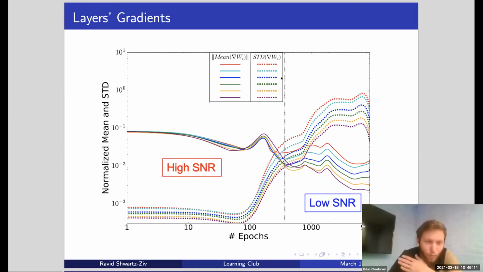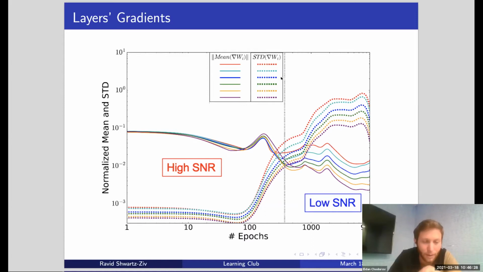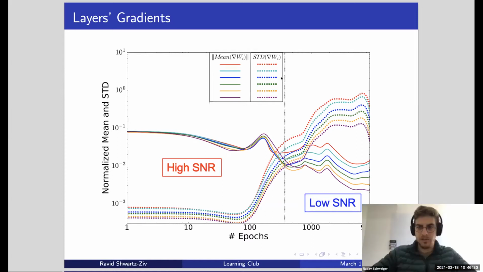Okay. You took all your images through the network, and from there you calculate the gradients and get the mean and the STD. Yes. It's not the values of the weights themselves. No. Okay.